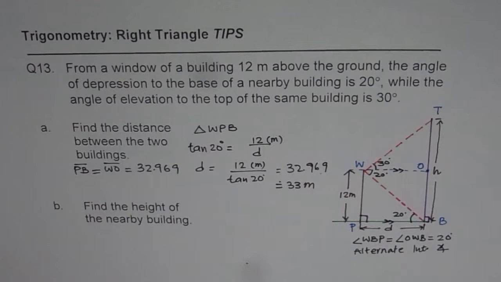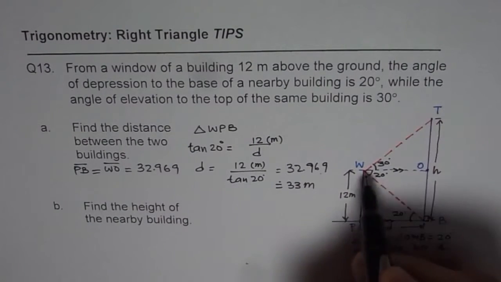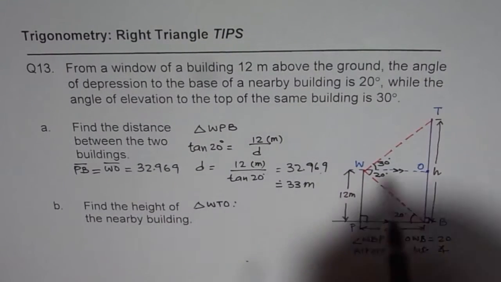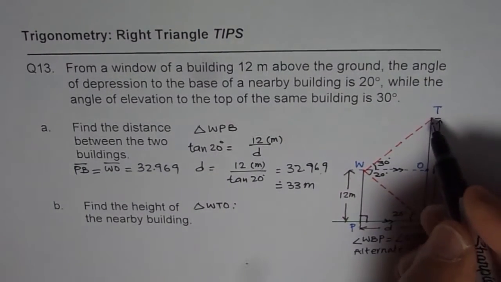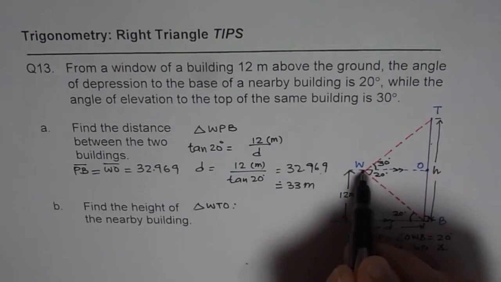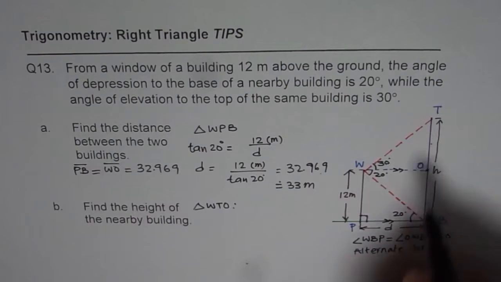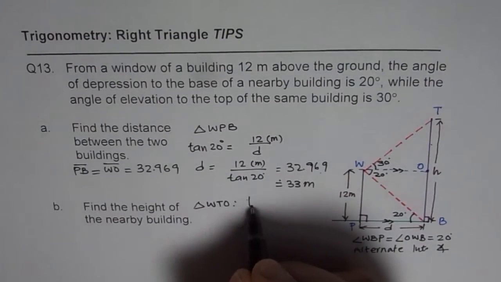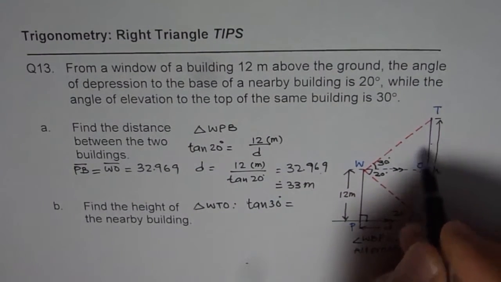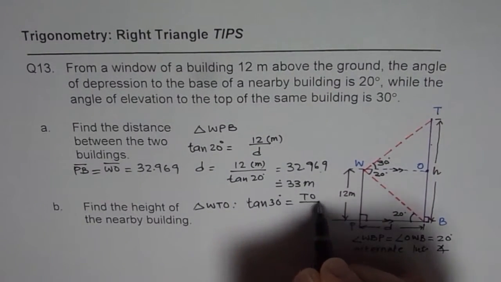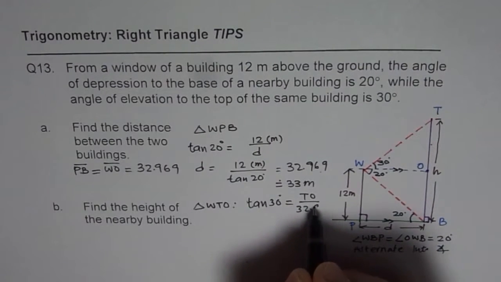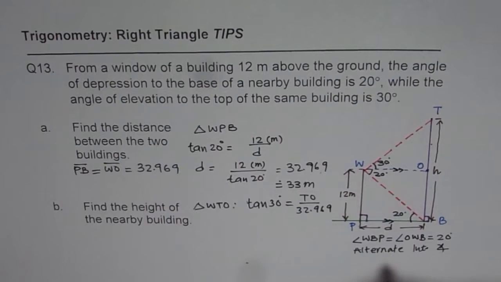So we will consider now the triangle WTO, right? In this triangle, we need to find TO, which is opposite to 30 degrees. We know the adjacent side, so again tan. So here we say tan of 30 degrees is equal to opposite side TO divided by adjacent side 32.969, correct?